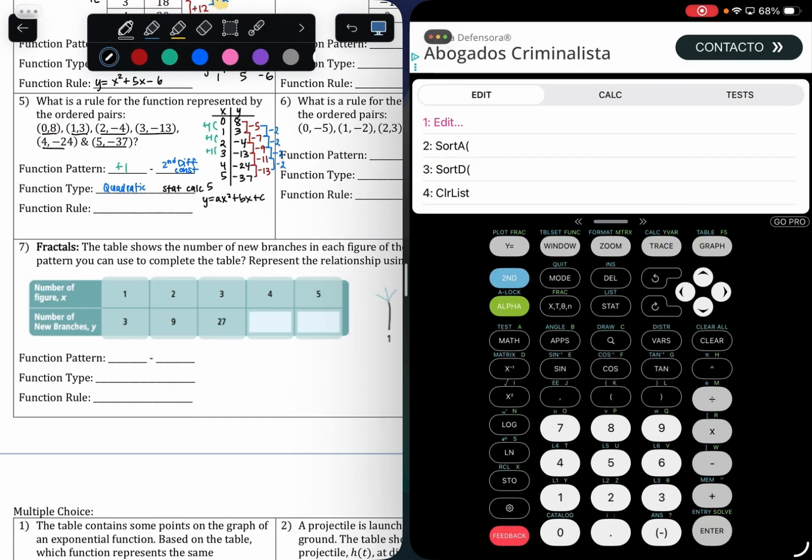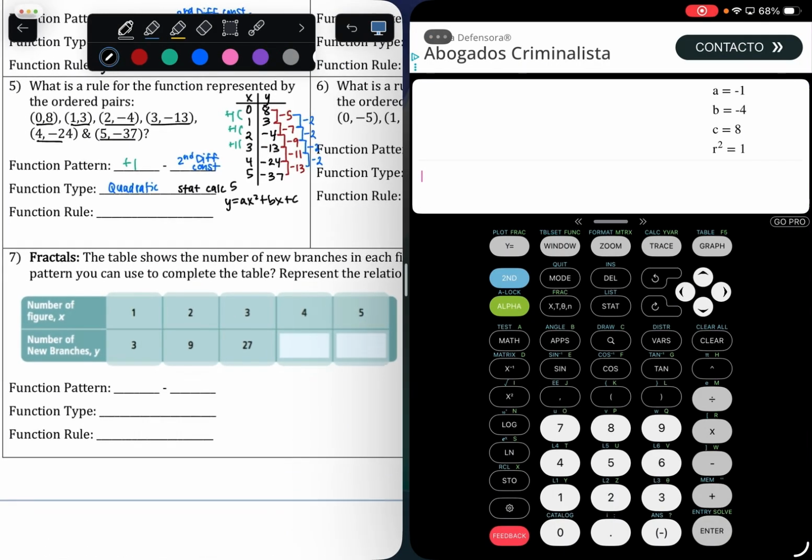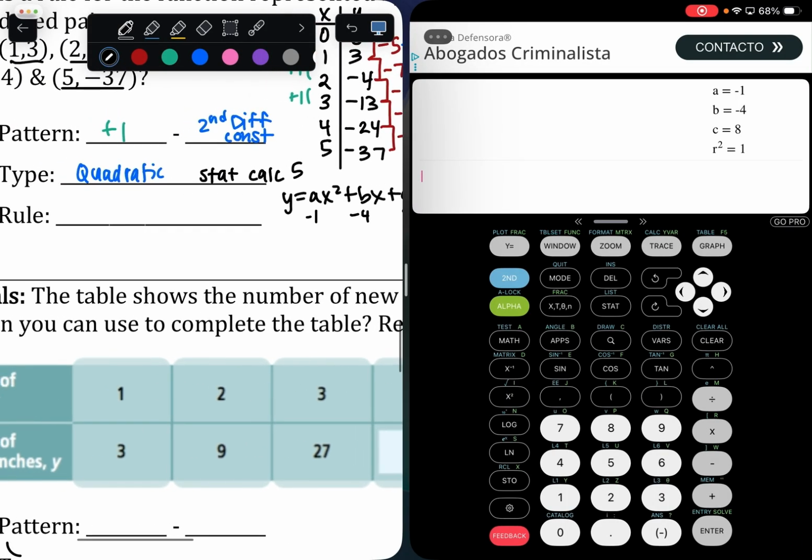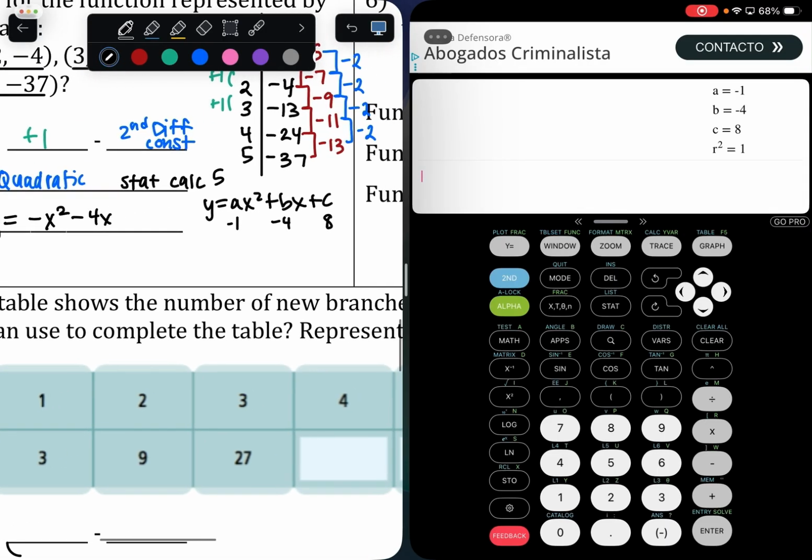And then stat, calc, option 5, and then you can go down to calculate, and then I can see that my A value is negative 1, my B value is negative 4, and my C value is 8. And so my equation, you can leave the 1 invisible and just write negative x squared minus 4x plus 8.